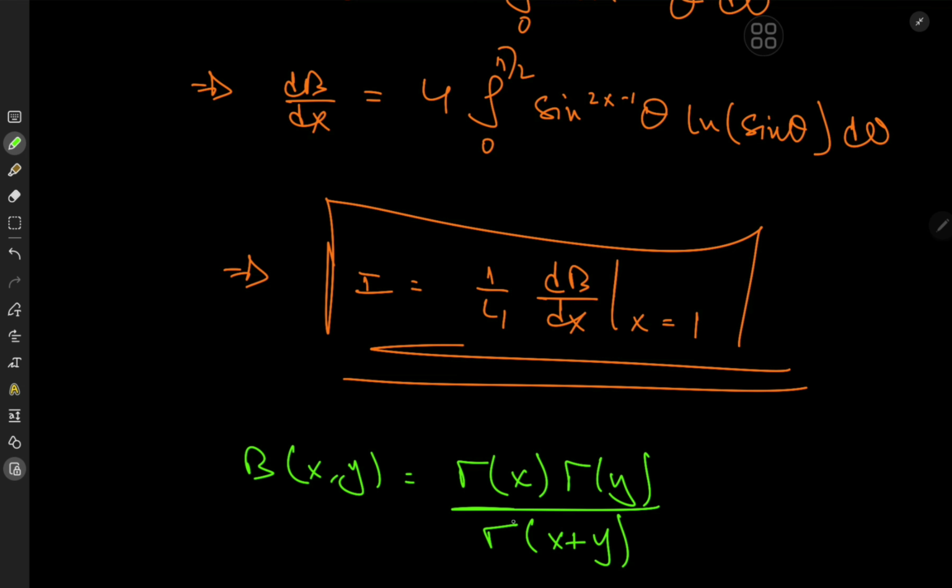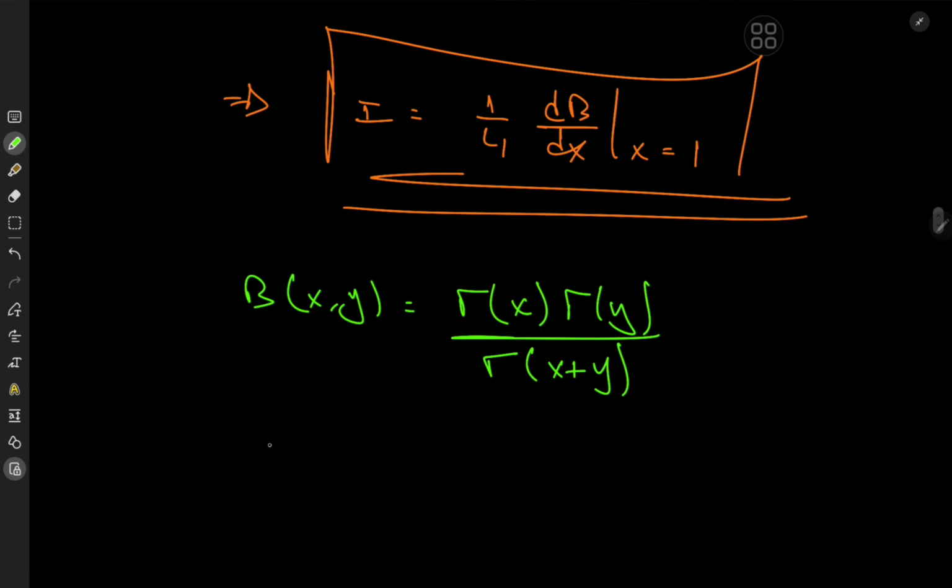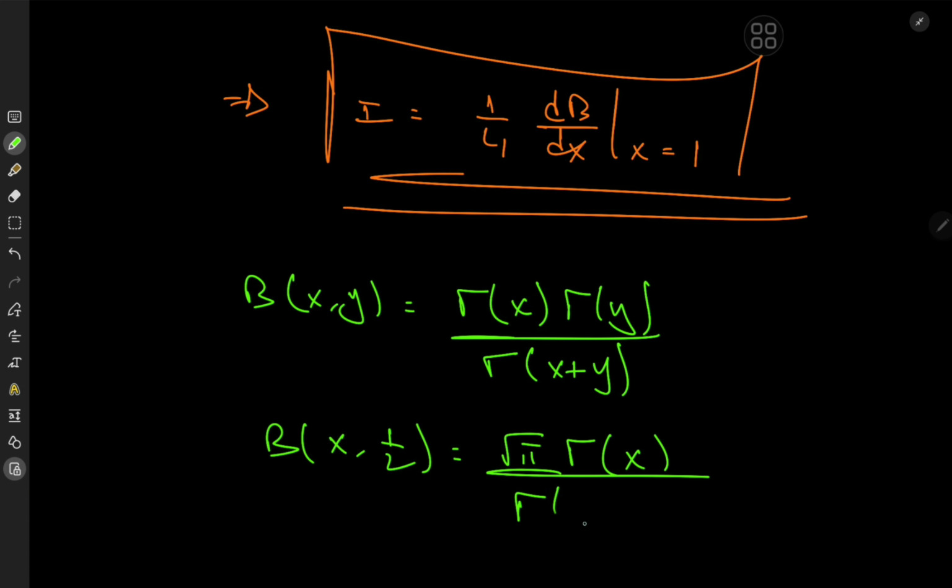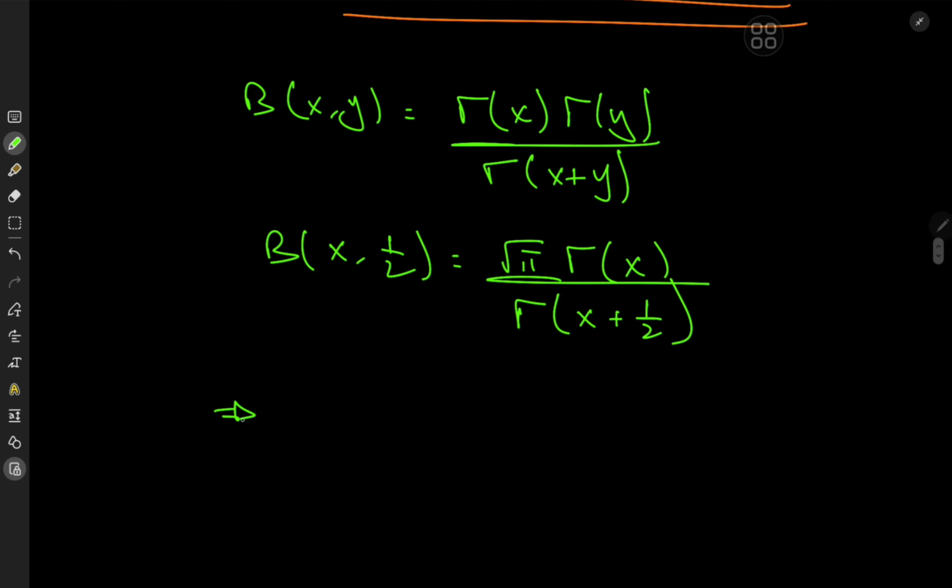So that means all we need to do is plug in y equal to 1/2 and get beta of x and 1/2 equal to gamma x times gamma 1/2, which is famously equal to root pi. So we have root pi times gamma x up top, and downstairs we have gamma x plus 1/2. And now we can just differentiate this with respect to x.